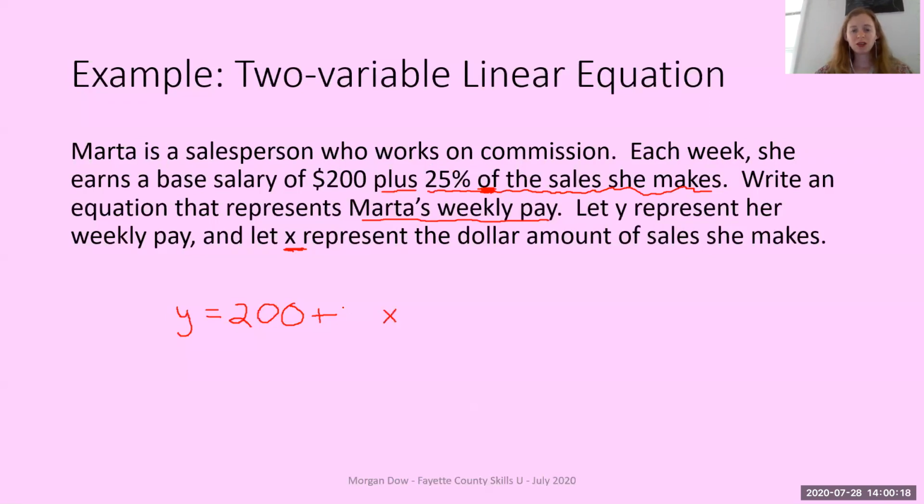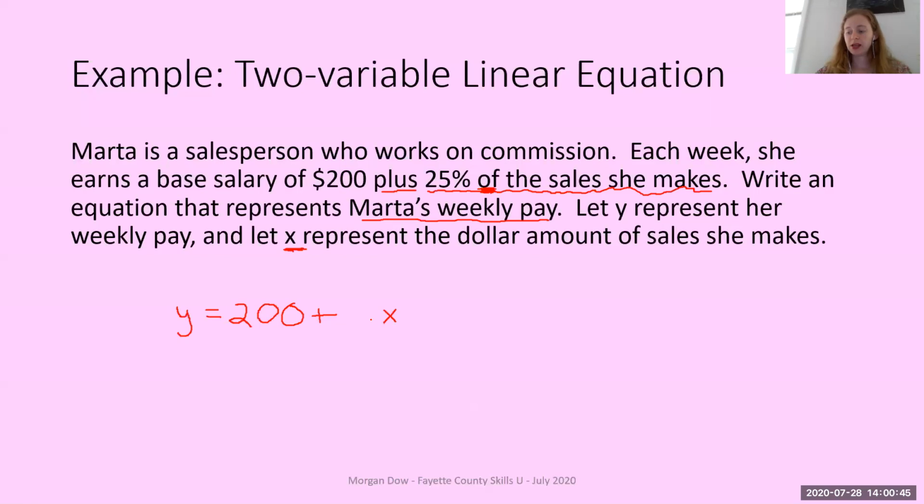And now we could just write 25% here, but that's not usually how we would write it. Usually we would take that 25% and change it to either a decimal or a fraction, right? 25% means the same thing as a quarter of something. But most often you would probably see it written as a decimal, especially if we're talking about an equation that we're using to calculate payment.